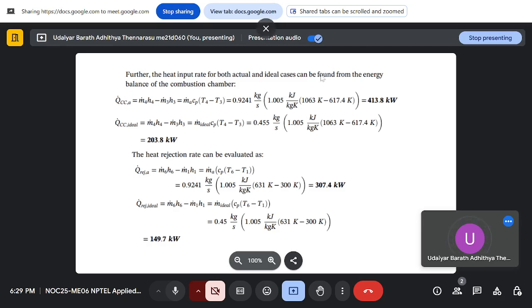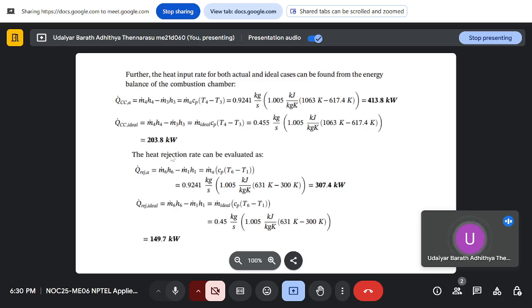It will come out to be 413.8 kilowatt, and ideally your enthalpy difference will be the same, but your mass flow rate will be lower. So ideally you would have given 203.8 kilowatt. So again, if you are using fuel, you will require a larger amount of fuel to provide this amount of heat.